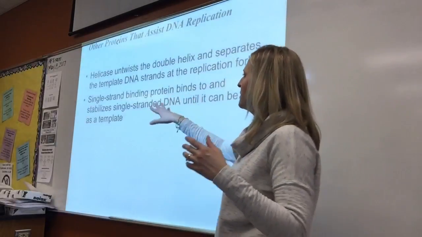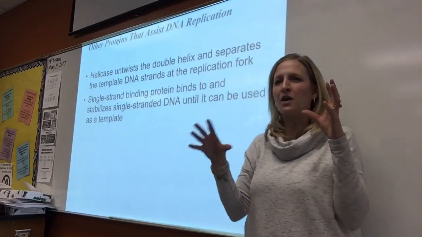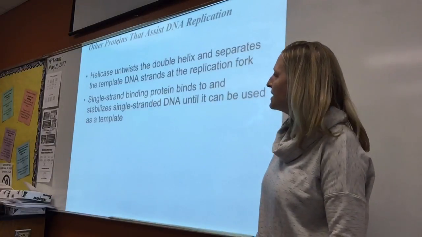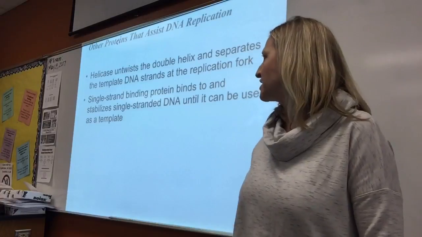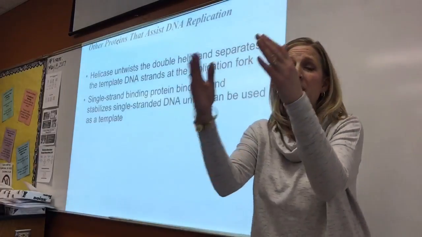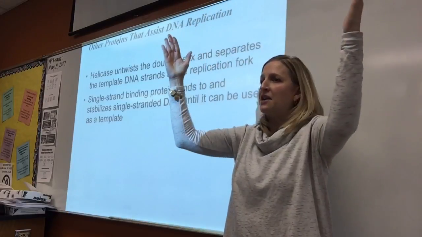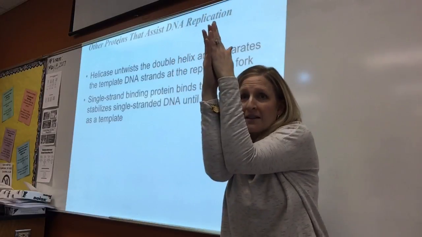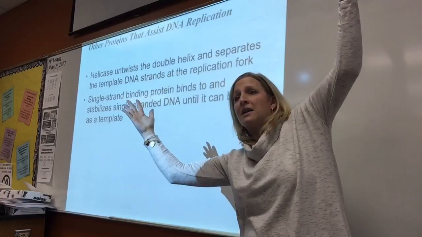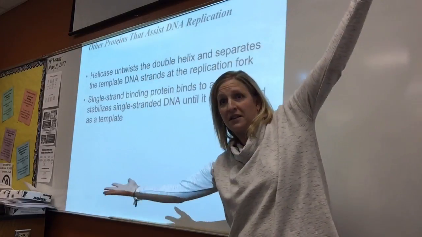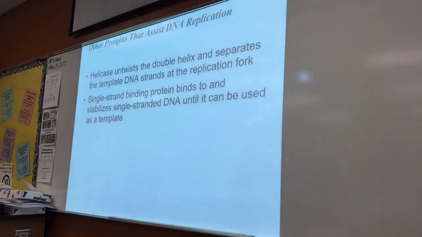There are different ones of those, but we just need to know that name. They bind to and stabilize the single-stranded DNA until it can be used as a template. What does that mean? When you untwist and break the hydrogen bonds, you don't want them to go back together, so these single-strand binding proteins stabilize it so that the two sides don't re-hydrogen bond together. They stay apart. That's what those do.